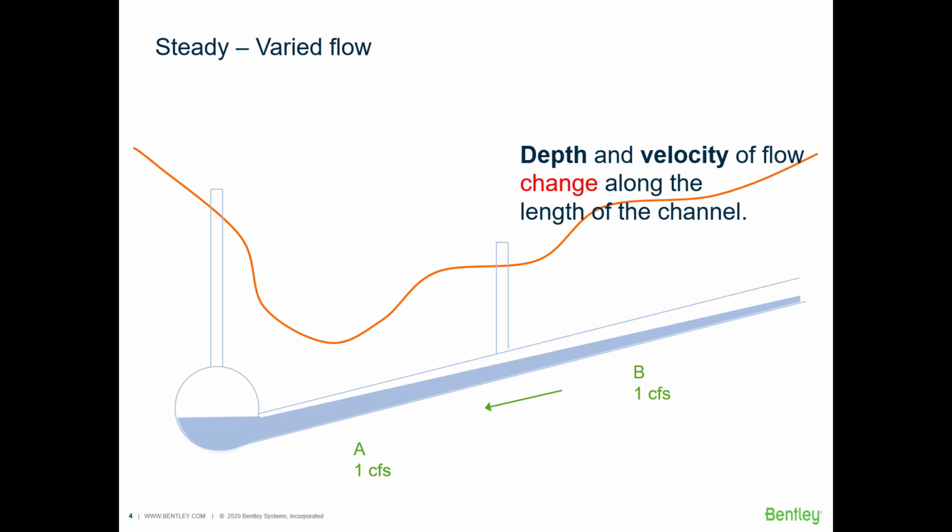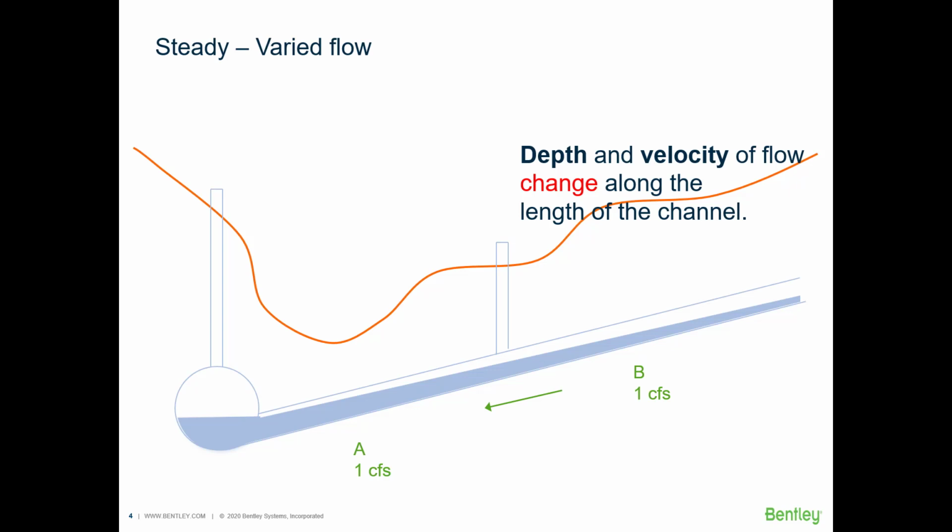Now, because of the variable channel geometry or the presence of flow controls, the data required for gradually varied flow analysis are considerably more complex than for the previous case of uniform flow analysis. In this situation, you still don't need a dynamic model.